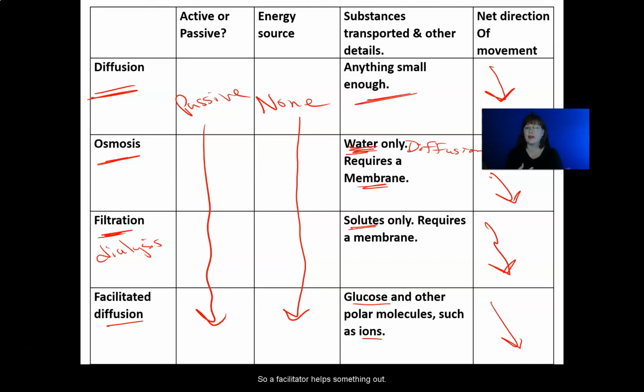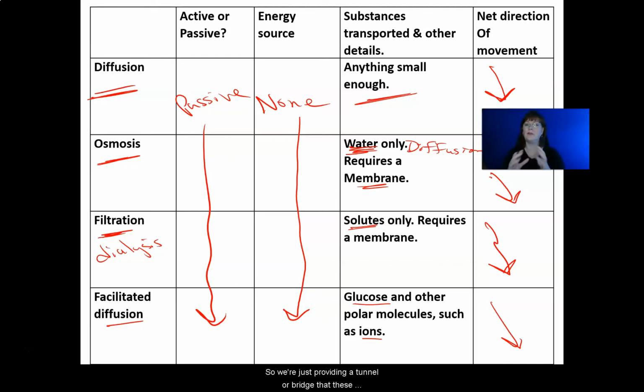So a facilitator helps something out. I am, in essence, a facilitator of your learning, at least hopefully. So in this case, we're going to have some kind of protein channel that acts like a tunnel that these molecules or atoms can move through. Now, we're not carrying those atoms or molecules across the membrane because that would be using energy.